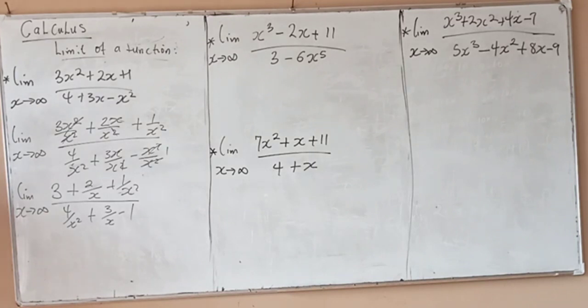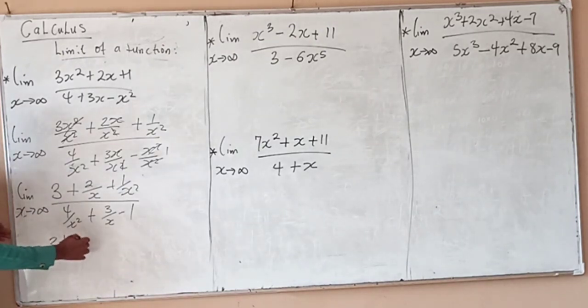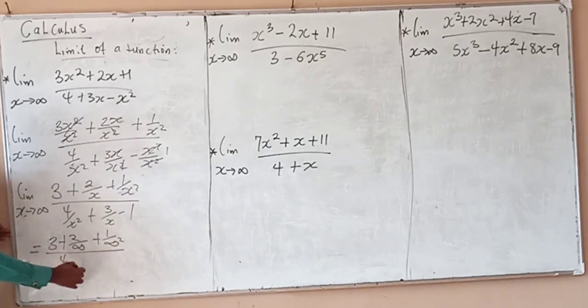After you have divided both sides by the highest power of x in the denominator, anywhere here, you place infinity. Then we will be having 3 plus 2 over infinity, plus 1 over infinity squared, then 4 over infinity squared, plus 3 over infinity, minus 1.